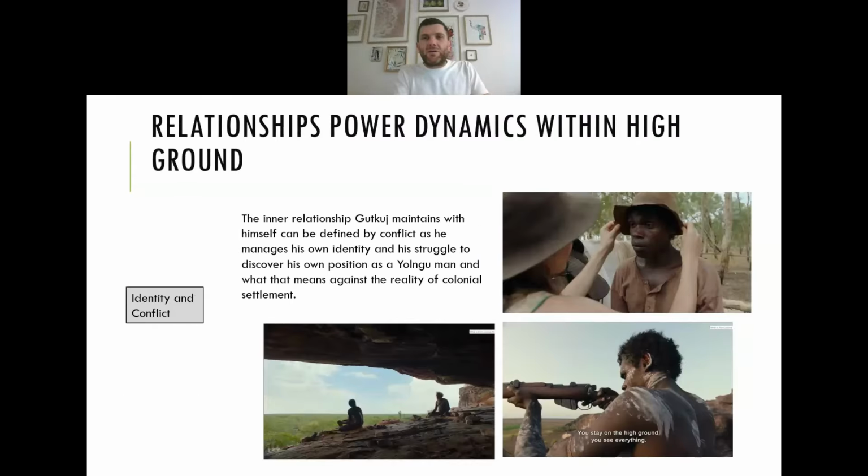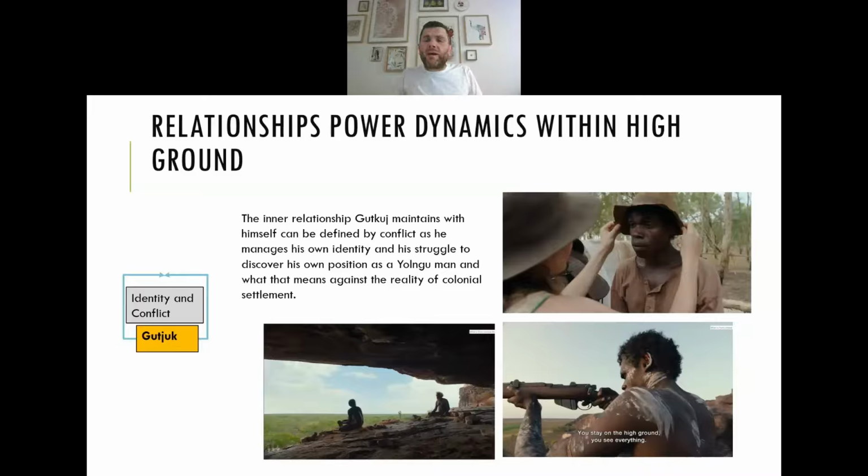We talk about the relationship Gutjuk has with himself. We would call this inner conflict. It's the relationship as he's building his understanding of who he is, defined by identity and by conflict.